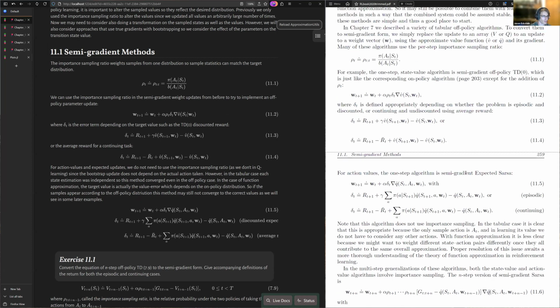And the nice thing about the one-step method is the expected update doesn't even reference the importance sampling ratio. So that's nice. And in that case, we don't have to worry about any instability with that ratio. The only problem is the difference in the distribution of the states that are visited.